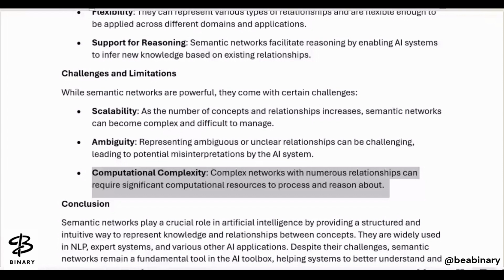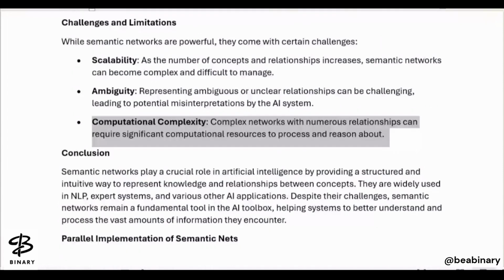Basically, semantic networks play a crucial role in artificial intelligence by providing a structured and intuitive way to represent knowledge and the relationships between the concepts that we have discussed here.